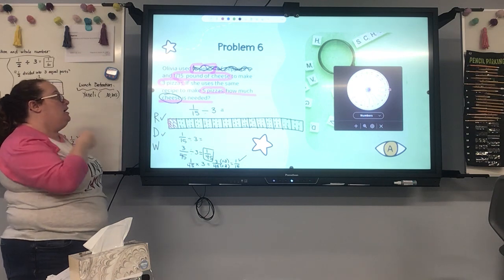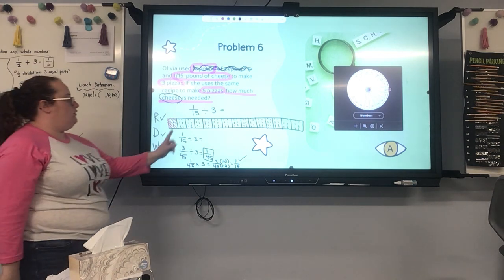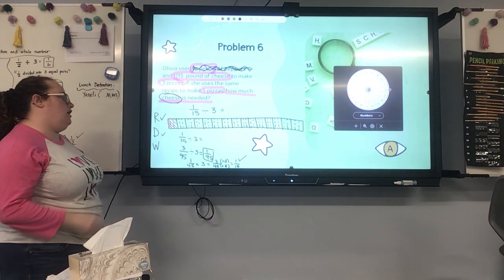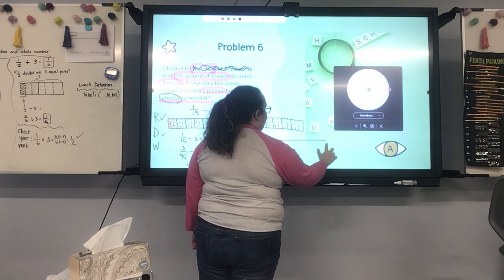However, I'm not done, because did the question ask me how much cheese was on each pizza? No. This one says if she used the same recipe to make 5 pizzas, how much cheese was needed? Well, I know that 1/45 is on 1 of the pizzas, but I'm making 5.